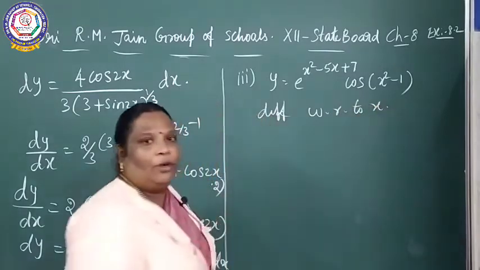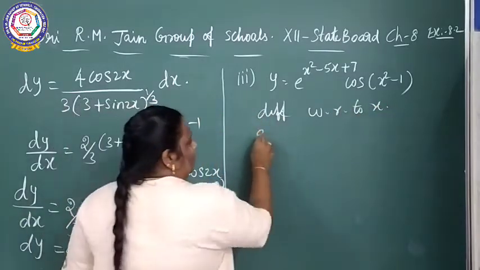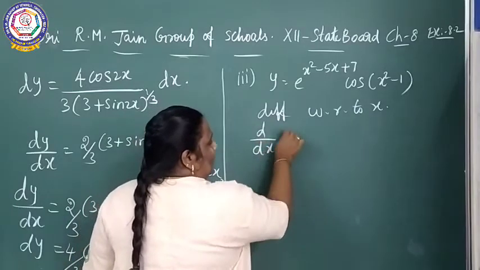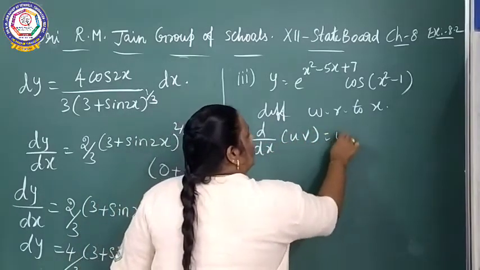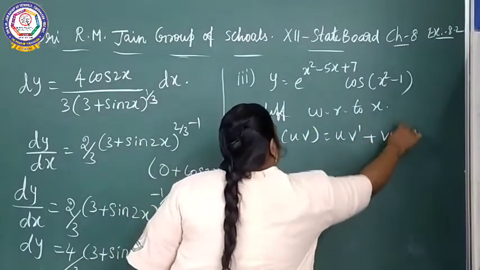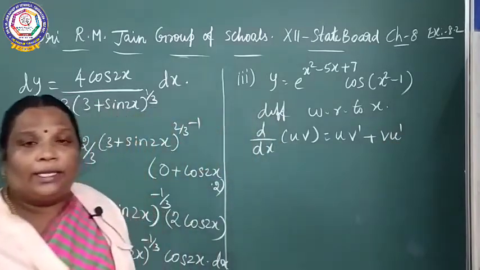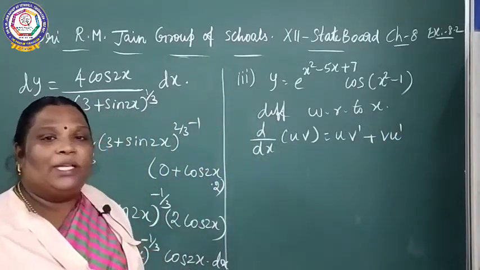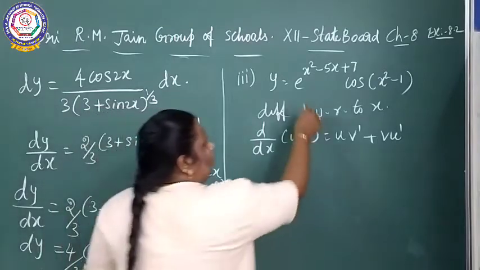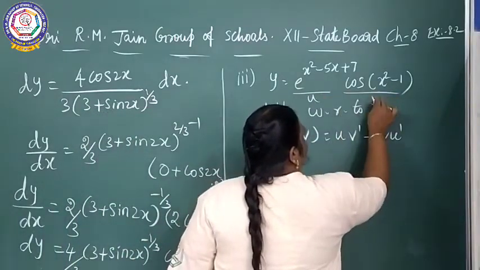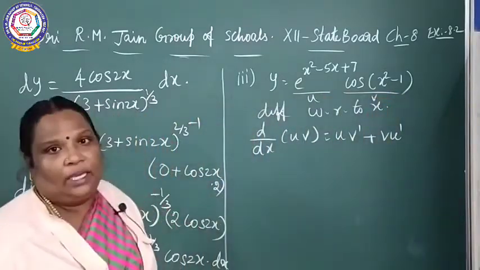What is the formula for d by dx of uv? D by dx of uv is u v dash plus v u dash. This one you can take as u and this one you can take as v.